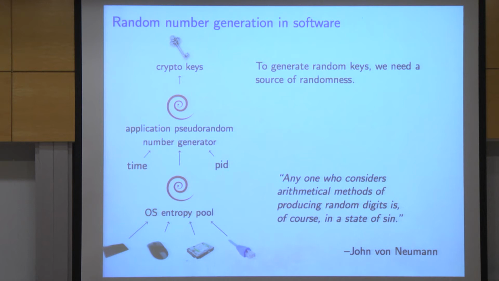In Linux, basically the only sources that it's guaranteed to have are external devices that interact with the outside world: keyboard timings, mouse movements, hard drive timings, and things like network interrupts. Although there was a period of time when Linux stopped collecting device interrupts, and so the only sources of entropy were the first three.